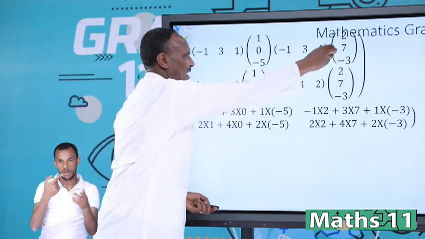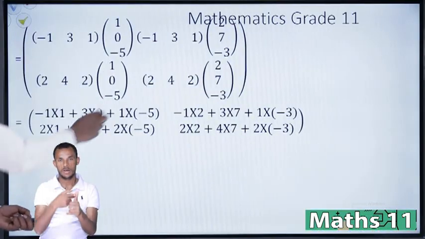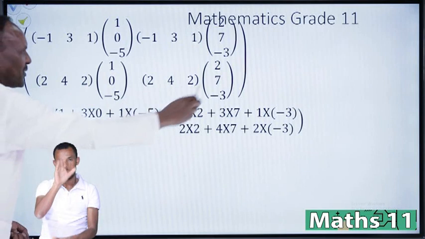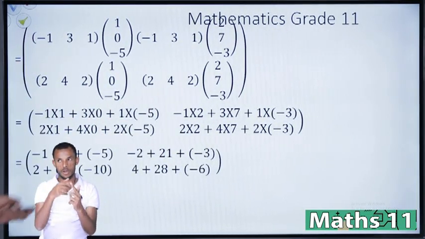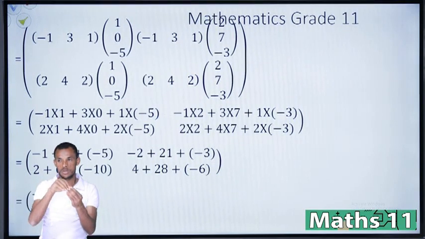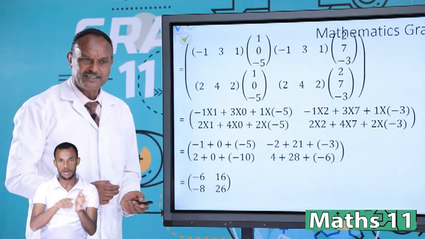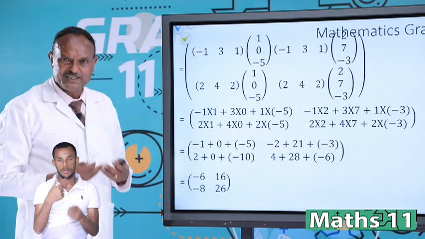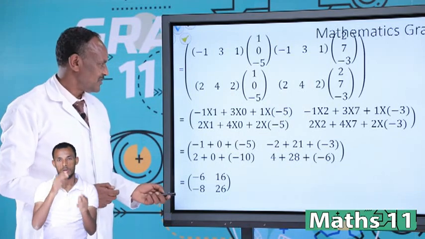When this row is multiplied by this column, you will get another result. Second row with the first column, we have this one. Second row with the second column. And when you look, you will have the sum. When the sum is calculated, -6, 16, -8, 26. So multiplication is defined. The product is a 2 by 2 matrix.